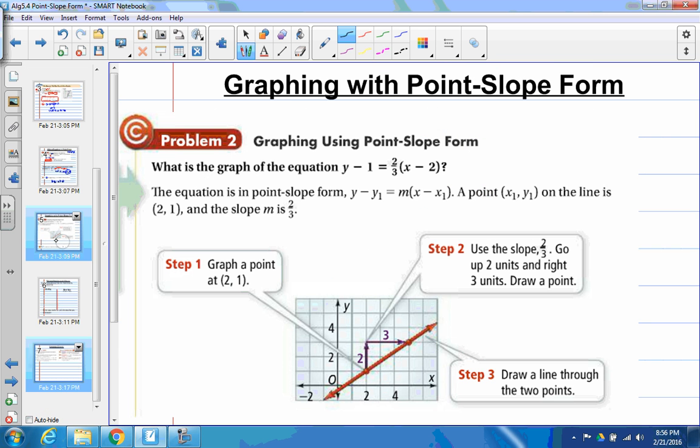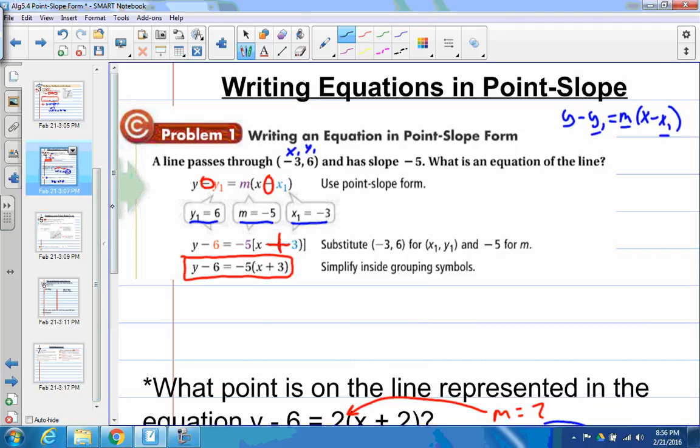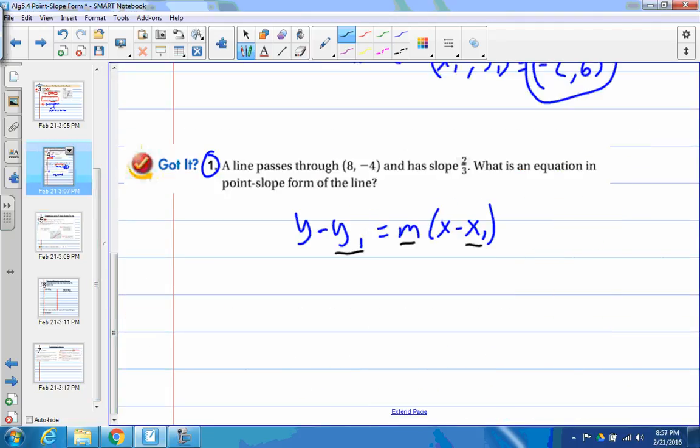So what I'd like to do is to plug that in. So we have our x1 and our y1 and our m. So if we plug those in, we'd have y minus y1, which is negative 4, equals, our m is 2/3.